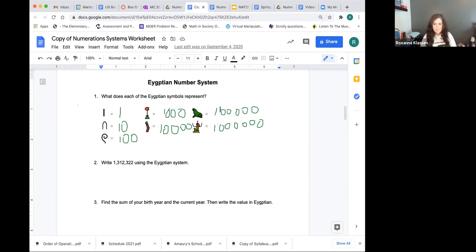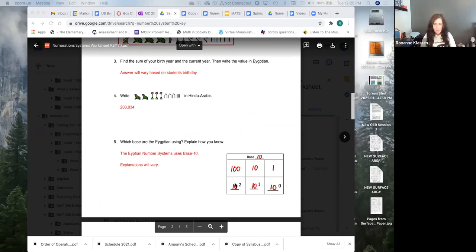And then in those 3 boxes, I'm going to share my screen with you just so you can see it. Okay, can you see how I put 100, which is 10 squared, 10, which is 10 to the first power, and 1, which is 10 to the 0 power? Can you see that on my screen? Yes? Yay. Okay.